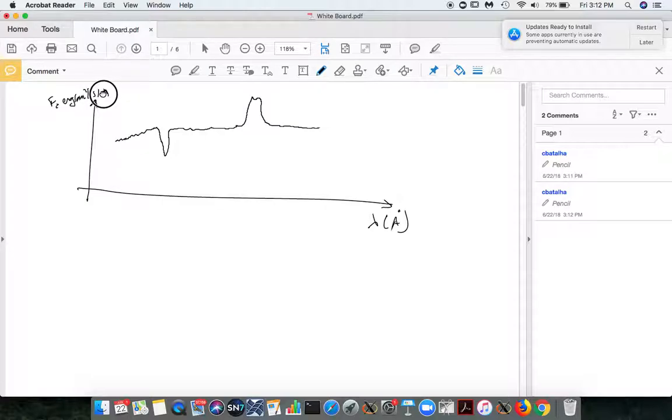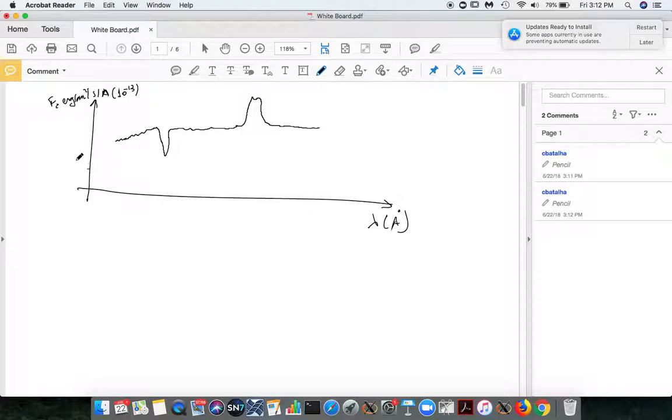So we have a flux given that way, and let's say it is given in units of times 10 to minus 13.